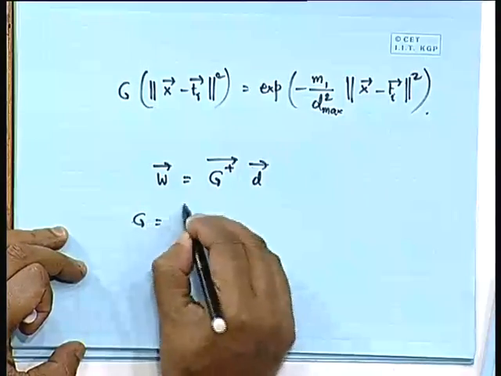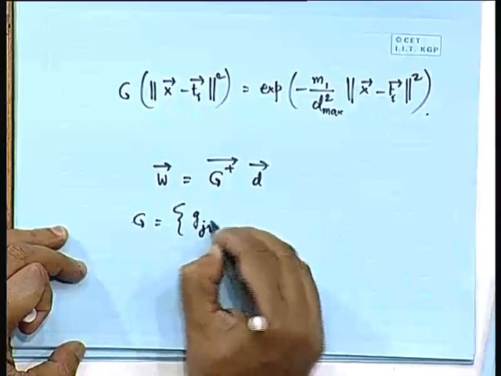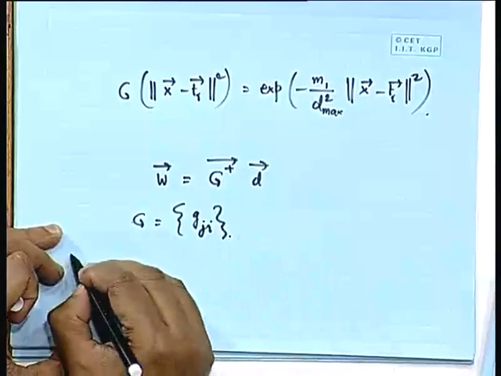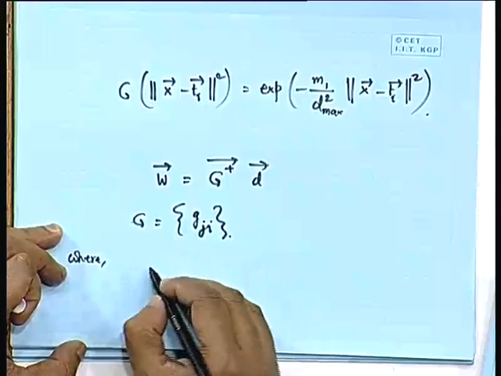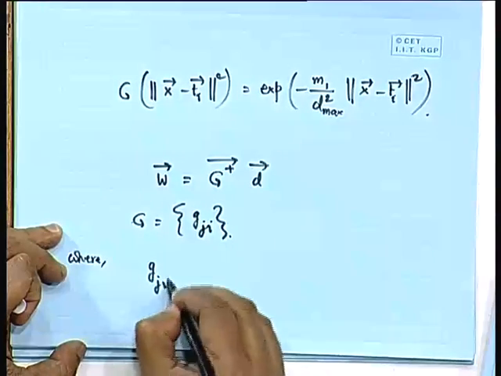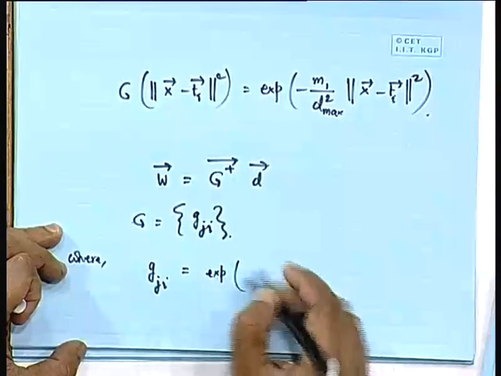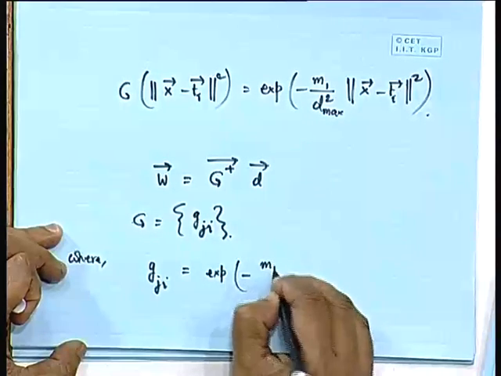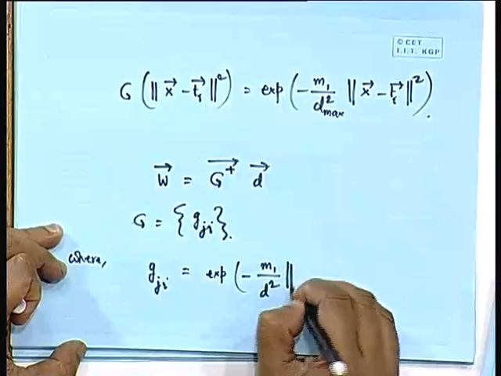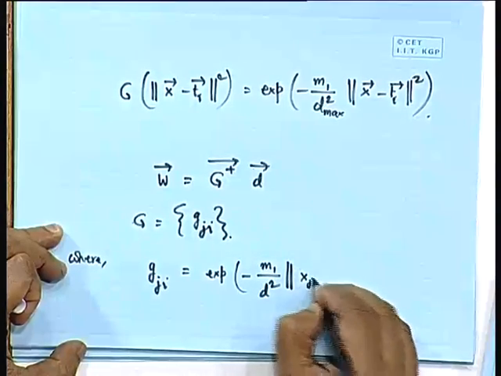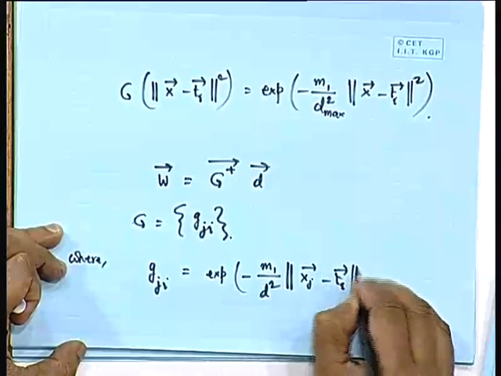And our matrix G's definition was that G consisted of the elements G_ji, where, in the case of Gaussian functions used as RBFs, G_ji was expressed as exponential to the power minus m1 by d square, norm of xj minus ti, square of that.